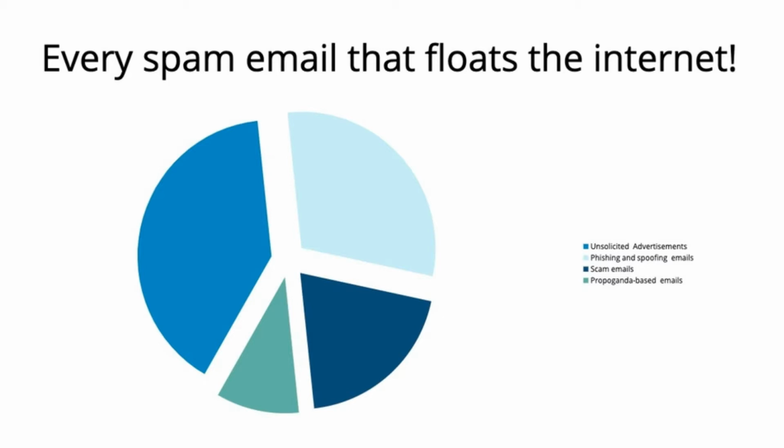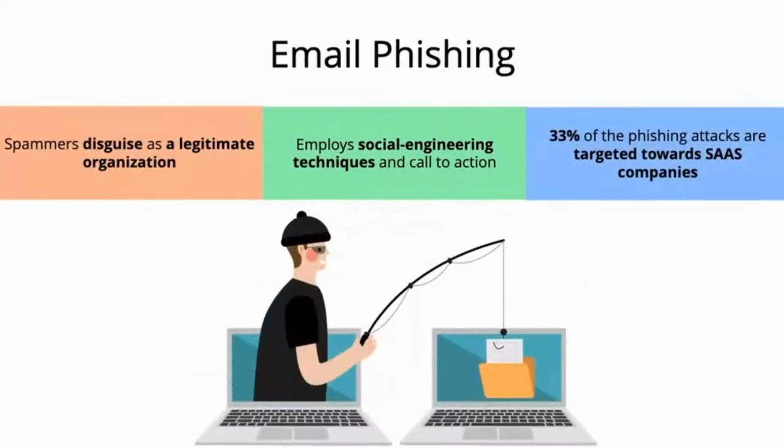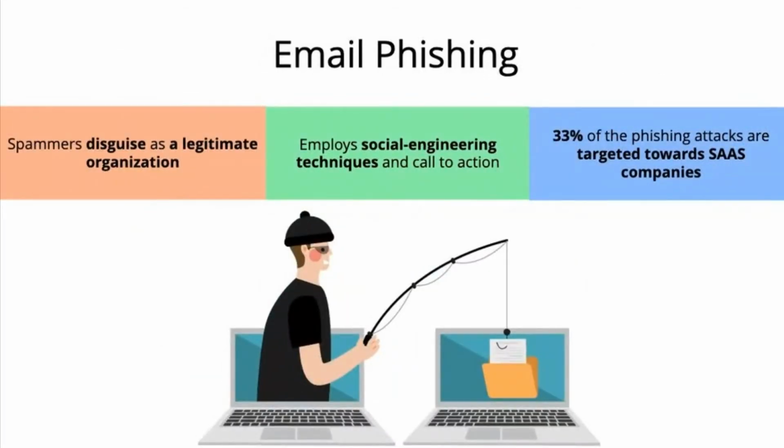Phishing is a social engineering technique where spammers disguise themselves to be a legitimate organization and influence their targets to reveal sensitive data like financial information, username and password of their accounts, or even devices. They then use this information to steal from the victim, causing them severe financial ruin.